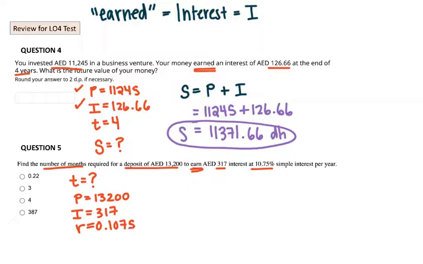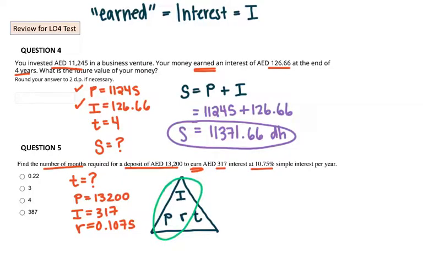That's the interest rate, 10.75%. Now, whenever you are given the interest and you need to find the principal or the rate or the time that's missing, you write I equals PRT in this way, and we're trying to find T.